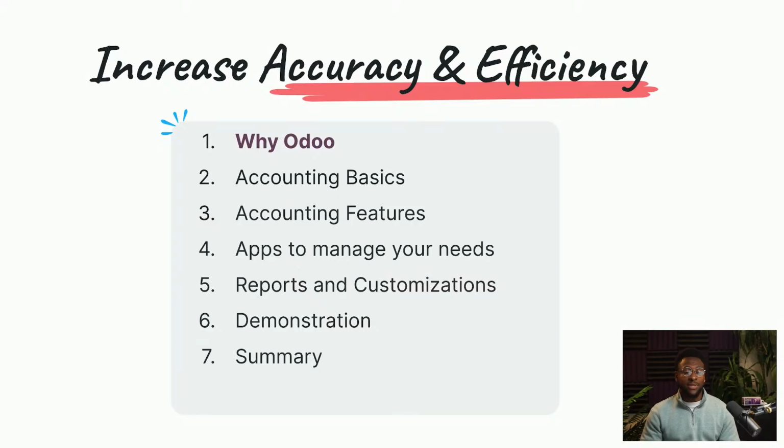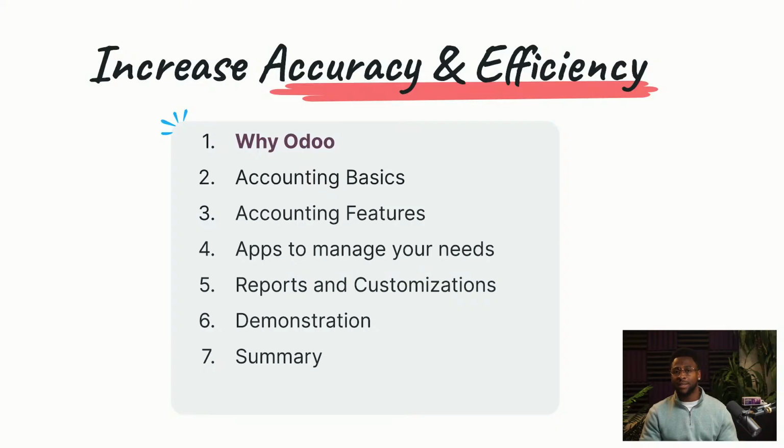Next, we'll discuss some of the basics, such as your chart of accounts, your different journals, and how we can get that set up in Odoo. From there, we'll dive into features such as streamlining your accounts payable by creating vendor bills, using our OCR technology to automatically digitize bills that vendors may send you, as well as issuing invoices to clients.